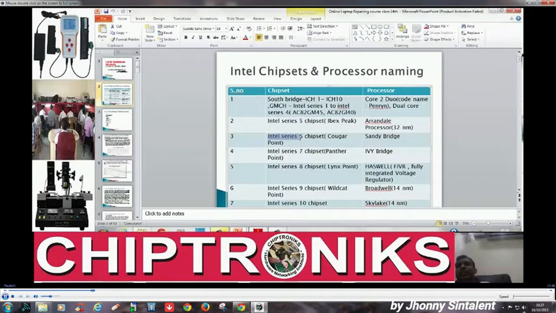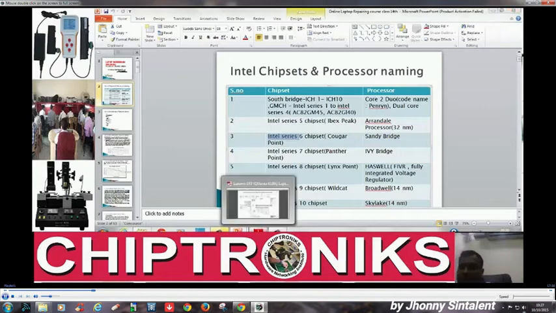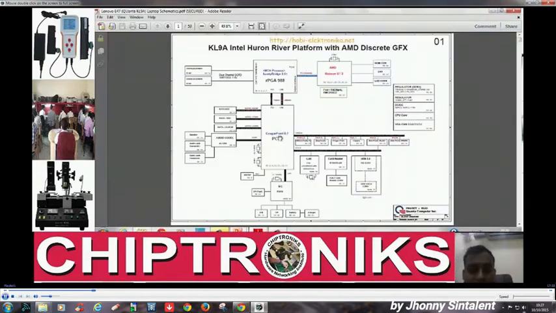It is something like HM67, HM65, QM65, QM67, like this. So without seeing the chip number, I can tell what the PCH can be, what the numbering on the PCH can be, and I can also tell the exact power sequence of this board.